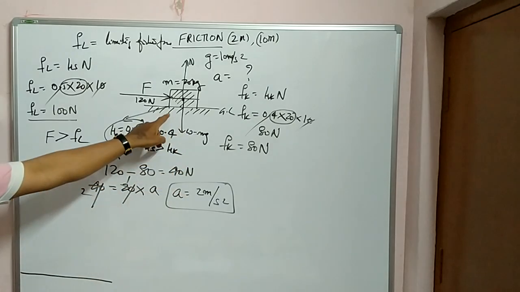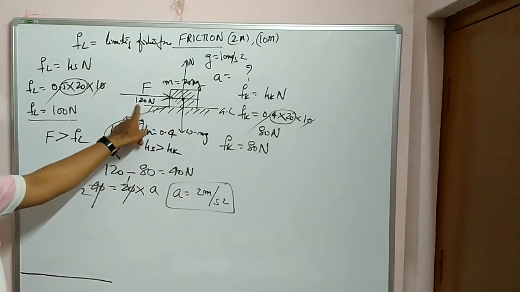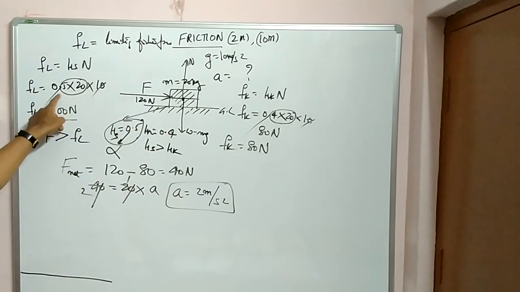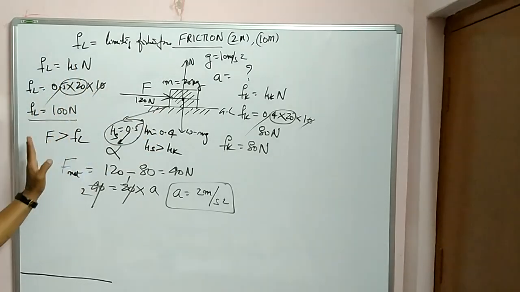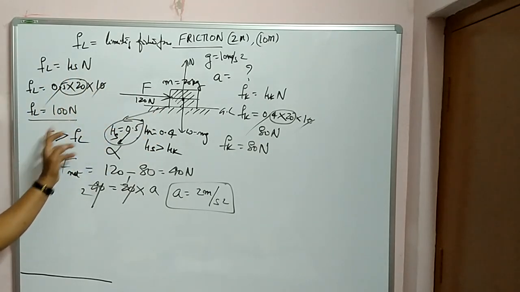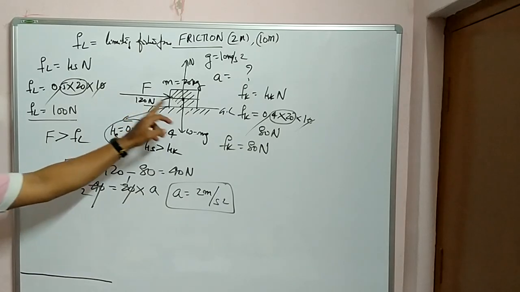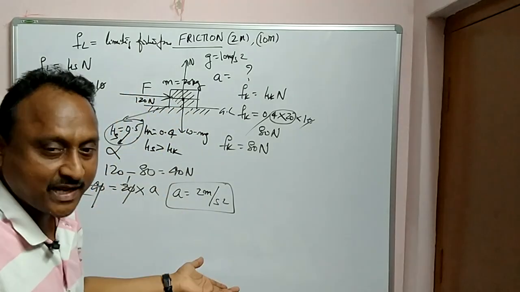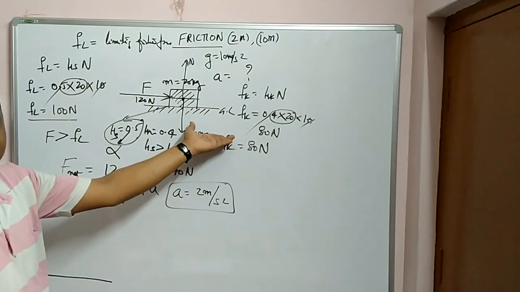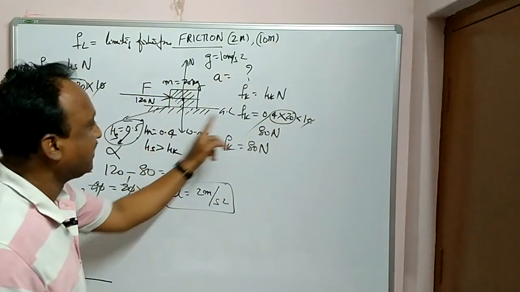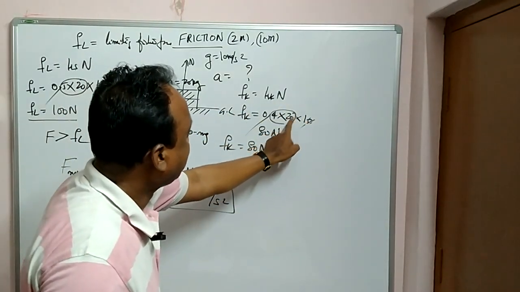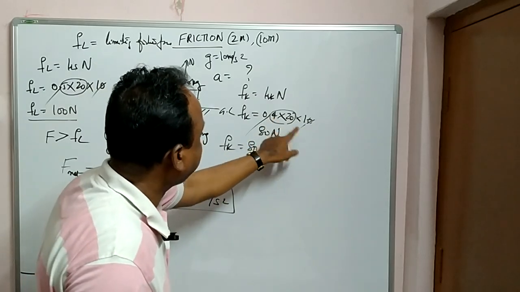Because in this case the applied force is 120 newtons and the limiting force is 100 newtons. To move this body, more external force than the limiting should be there. So if we apply 120, what happens? The body will move. When the body is moving, kinetic friction will come into the picture. So Fk is equal to mu k into N. Mu k is 0.4, N is mg, 20 into 10. The zero and 10 cancel, giving 80 newtons.